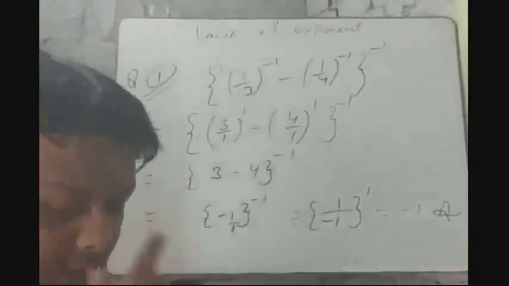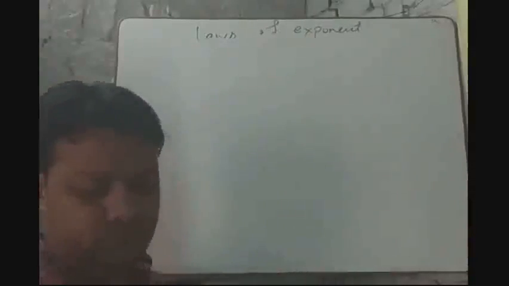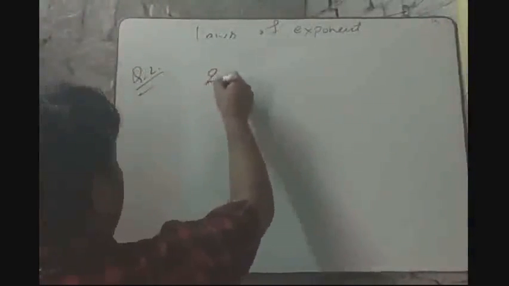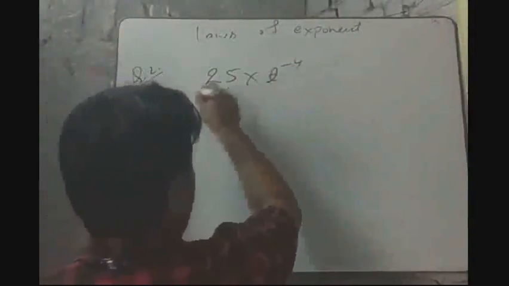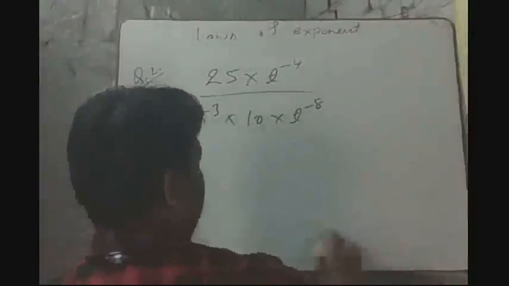Okay. Now let's move to another question which I am going to explain. It is (25 into t to the power minus 4) by (5 to the power minus 3 into 10 into t to the power minus 3). Now how can we solve it?